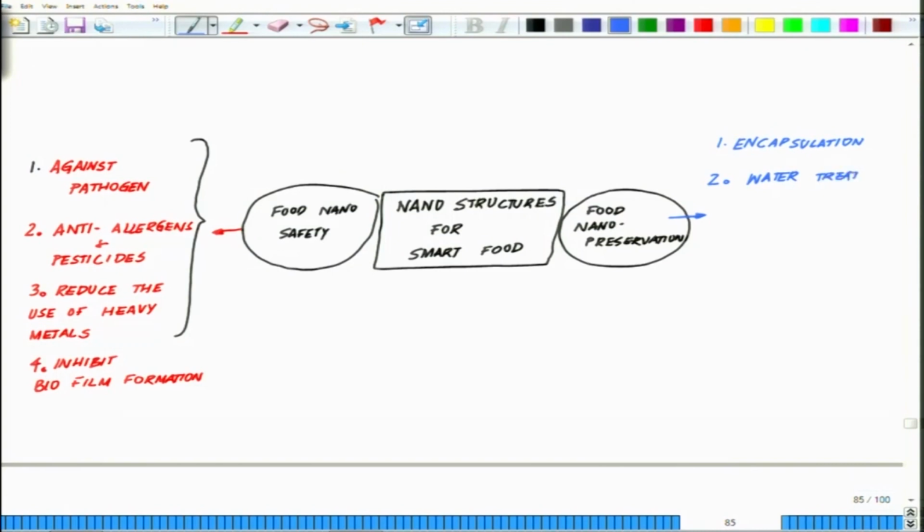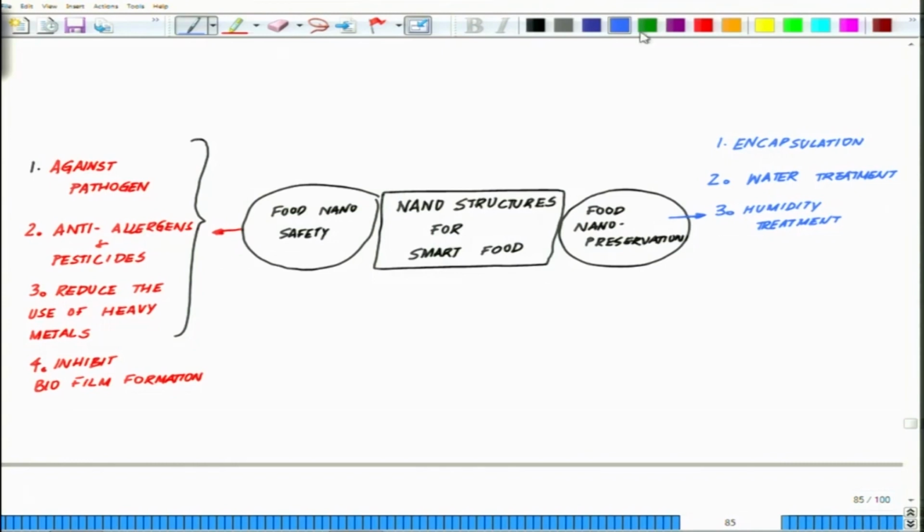Water treatment will be the next topic we will be dealing with soon. Water treatment, humidity treatment, okay.